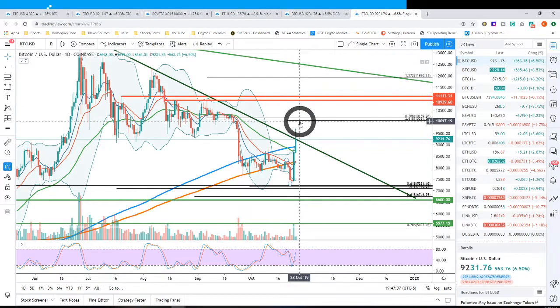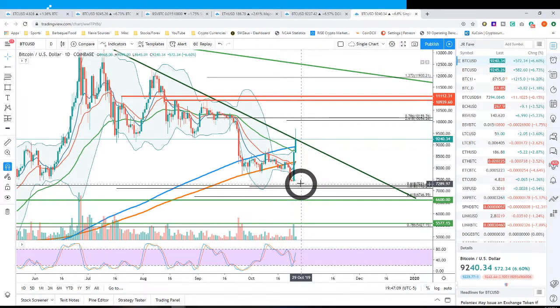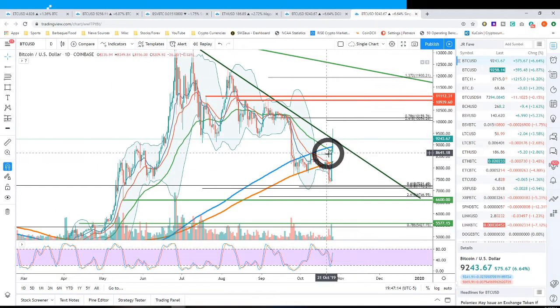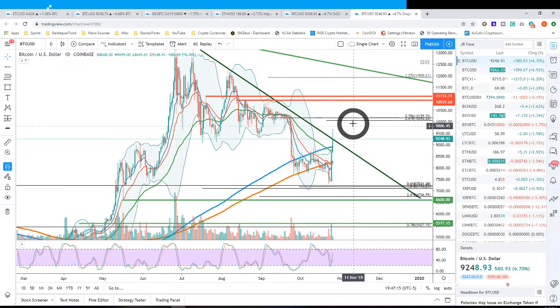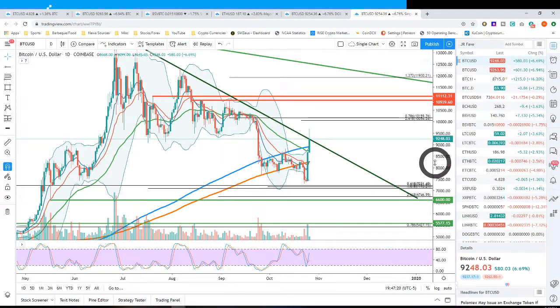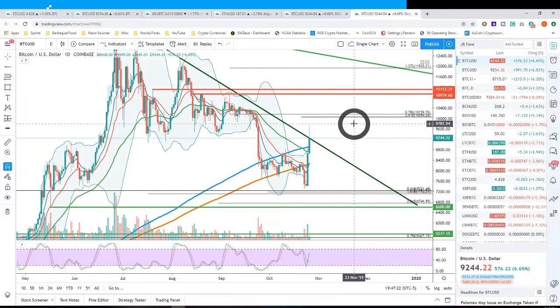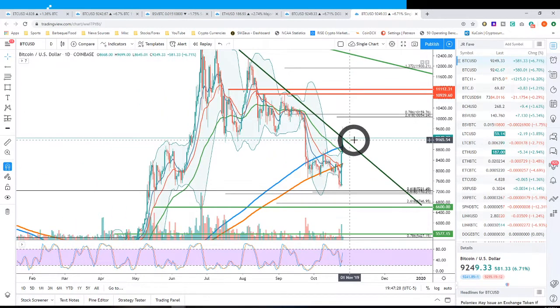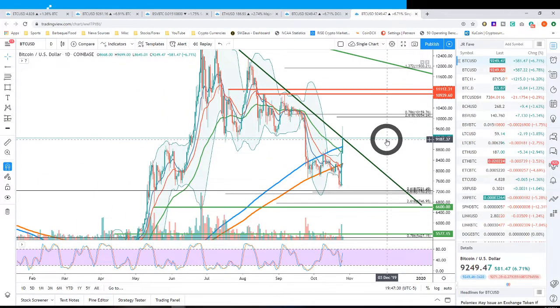Oh, good Lord. Might be getting close to 10. Hate to say it. God, do I dare say it? Could it get to 10,000? This area right in here, look, here's a fib cluster right here at 10,000. It could actually, and probably stop short of that. That's a psychological number. We'll see.